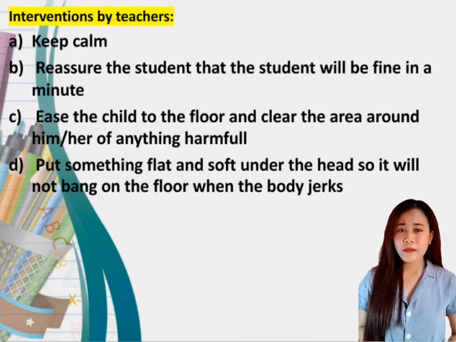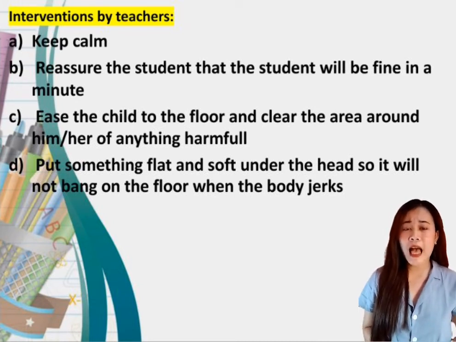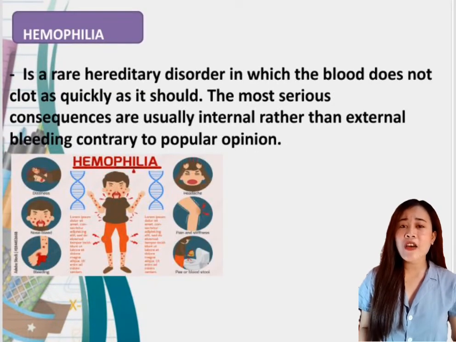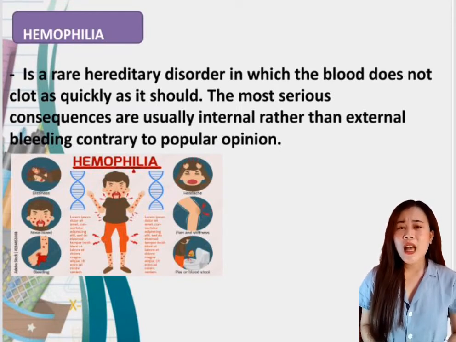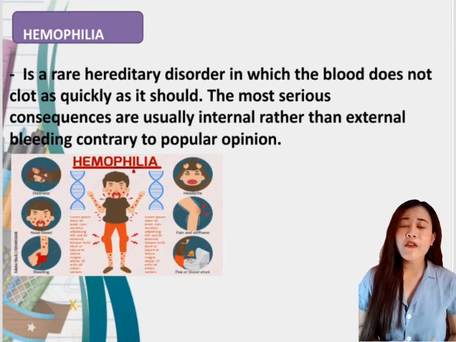First, what is hemophilia? Hemophilia is a hereditary disorder in which the blood does not clot as quickly as it should. The most serious consequences are usually internal rather than external bleeding, contrary to popular opinion.